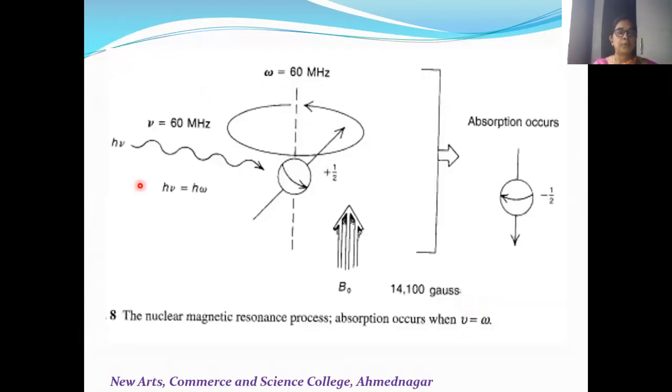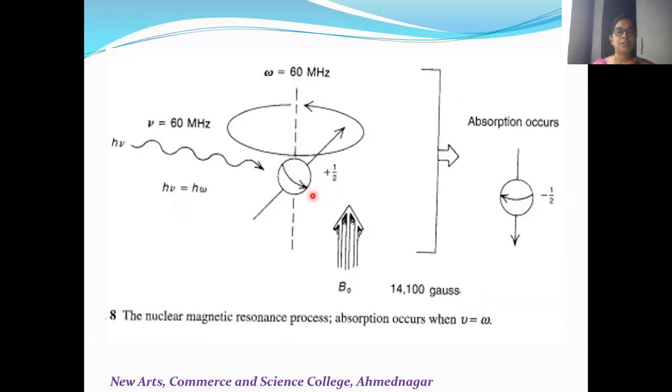This is the process of absorption of the energy. This is the nucleus which is precessing in a clockwise direction, that is, it is in a plus half spin state, or we can say that it is in an alpha spin state, or in short we call it a ground state orientation.